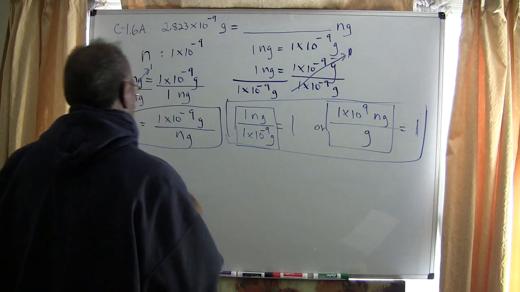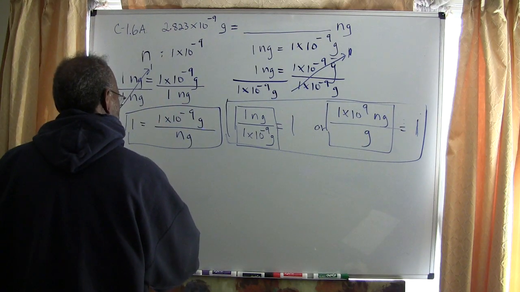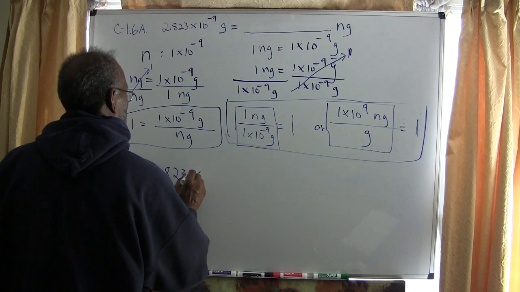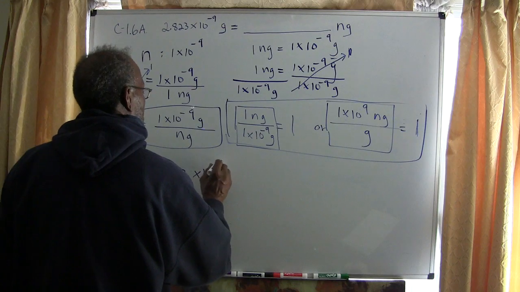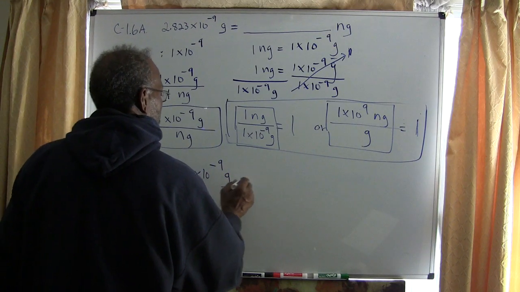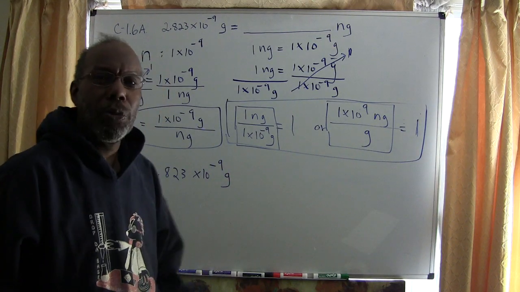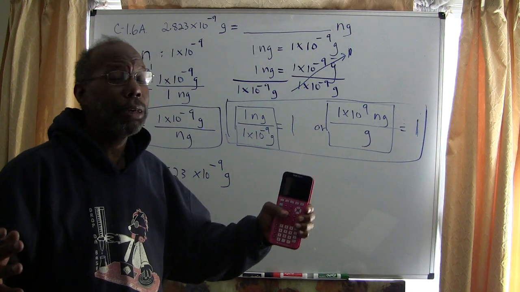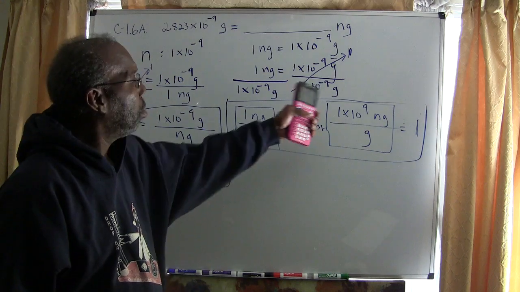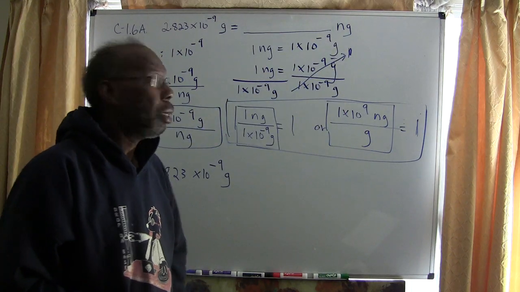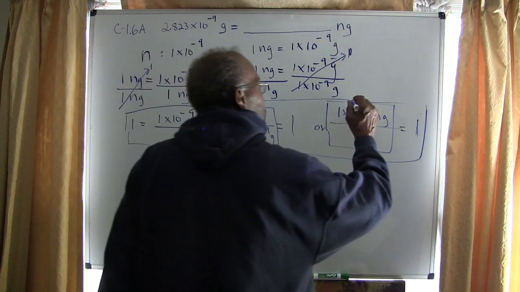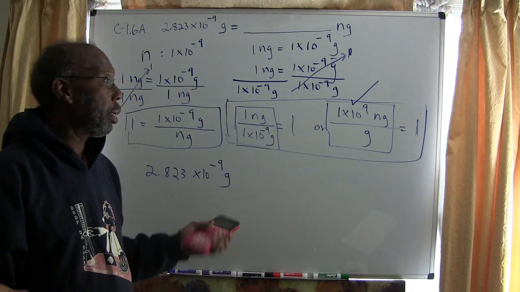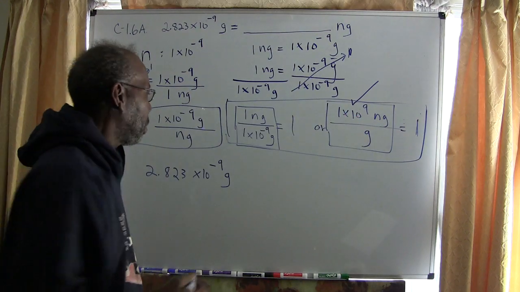So we start with what's given. Now we multiply by one or more conversion factors. In this particular case, we only need one conversion factor to convert to nanograms. So we'll be using this conversion factor. And again, if you want to use that one, that would be perfectly okay as well, but I'm going to use this one.